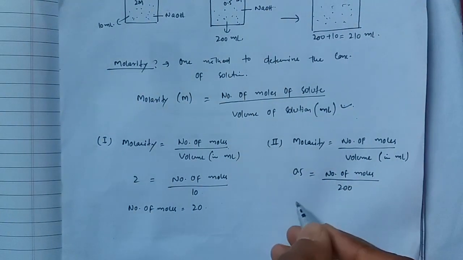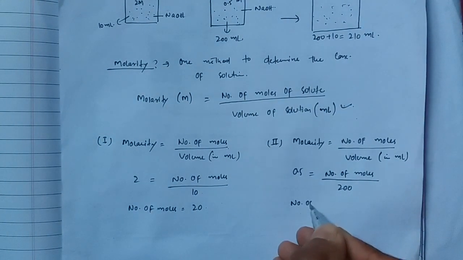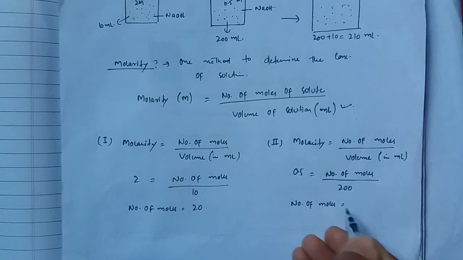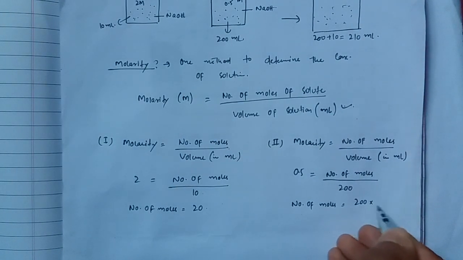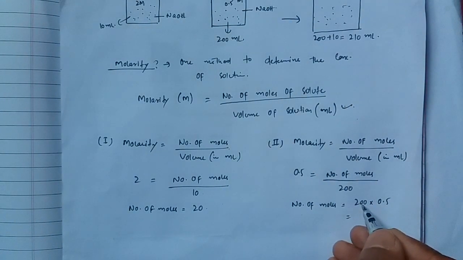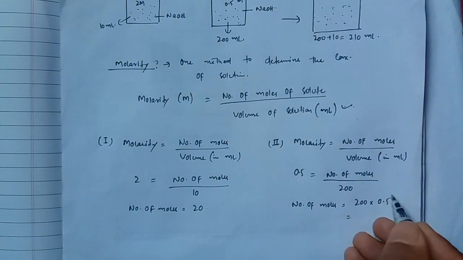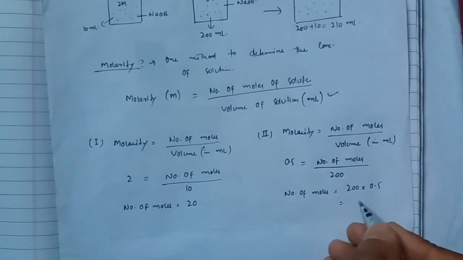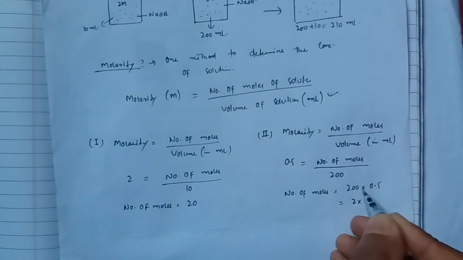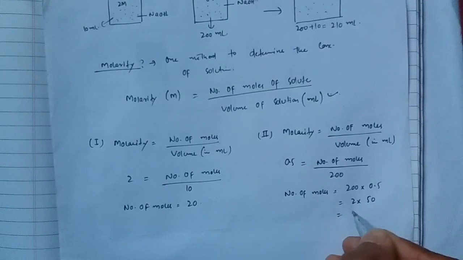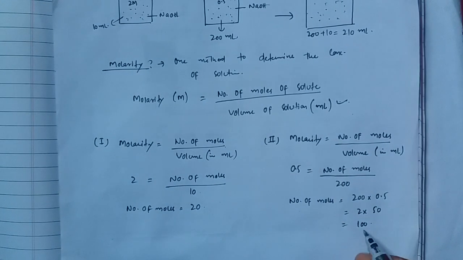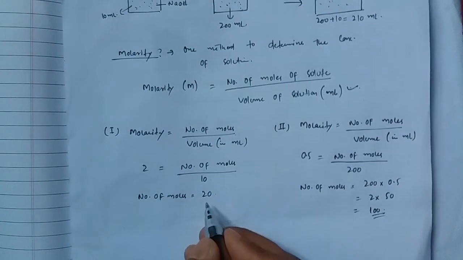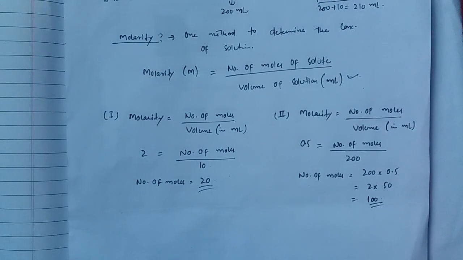So when we cross multiply this, we will get number of moles equal to 200 into 0.5, that will be equal to 100. So number of moles in the second solution will be 100, and in the first solution we have number of moles equal to 20.